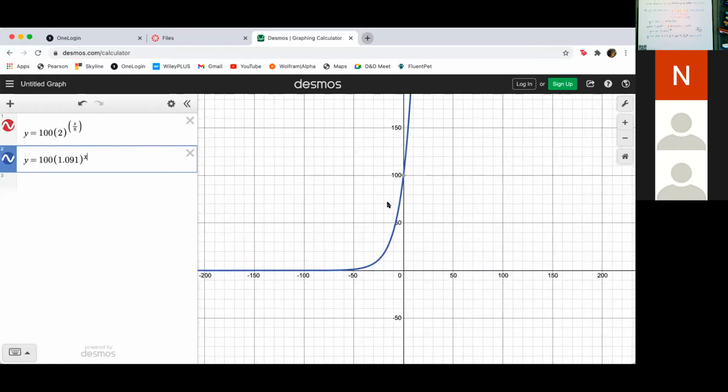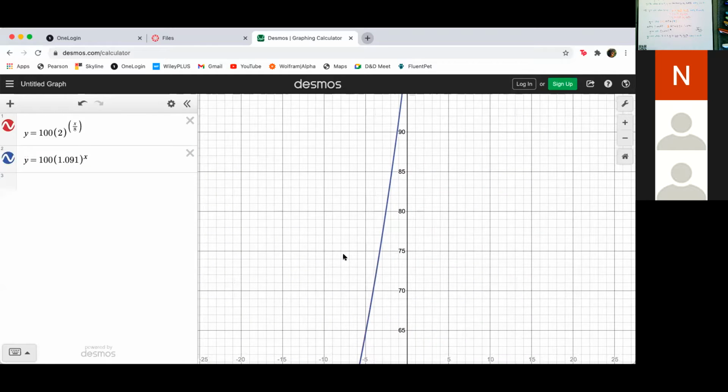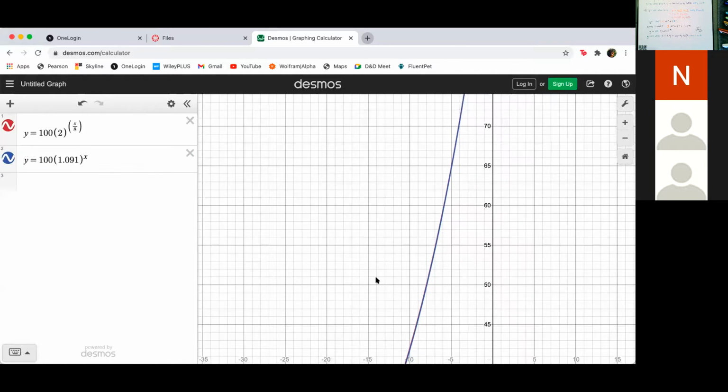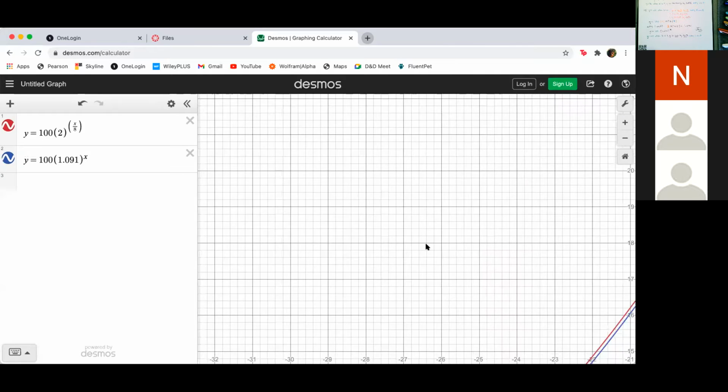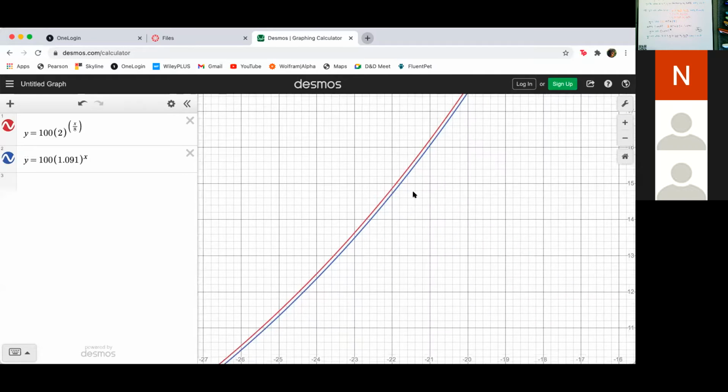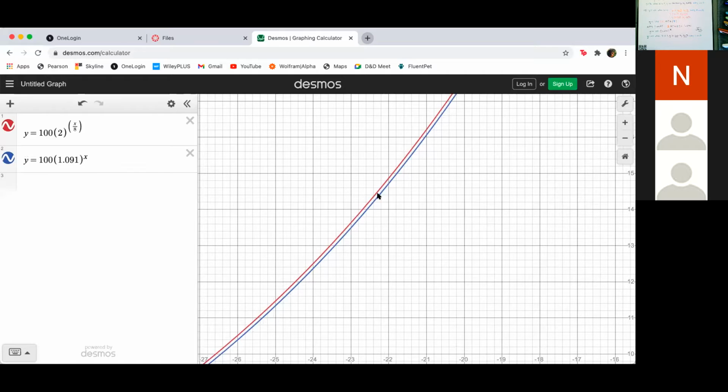It's going to be a little bit different if we zoom in real close. They'll start to separate. See how the line goes a little bit purple? But that's because things have been rounded off.